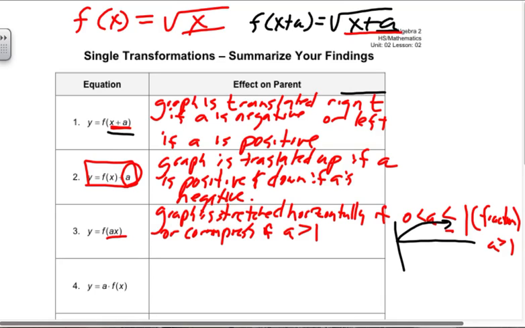So all of these points basically just get moved back here. And so my new graph now will look sort of similar, except that everything has been squished horizontally. All right, that's when it's inside.